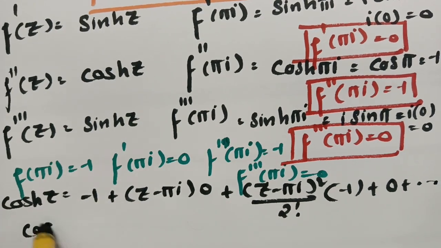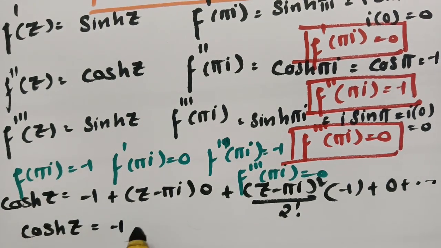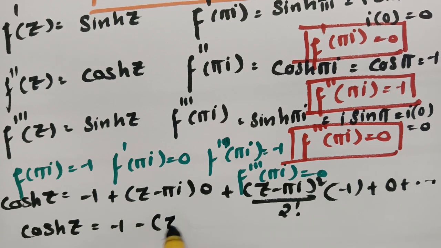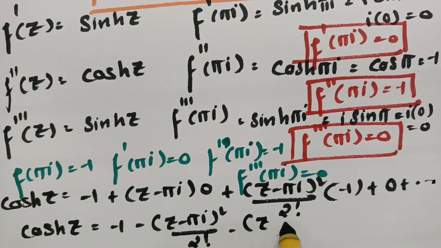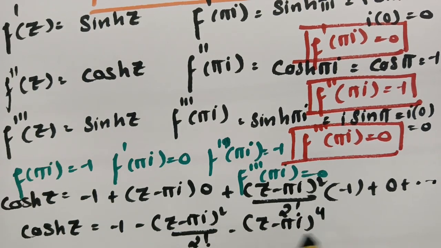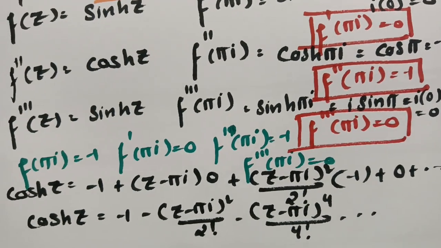Therefore this can be written as cos hz is equal to minus 1 minus z minus pi i square by 2 factorial, and if I keep on writing, power 4 by 4 factorial, and so on.